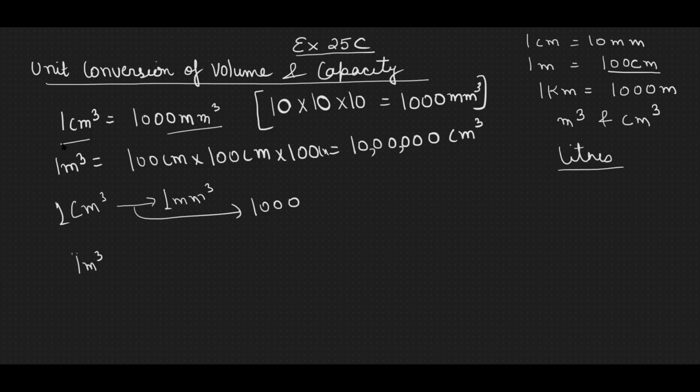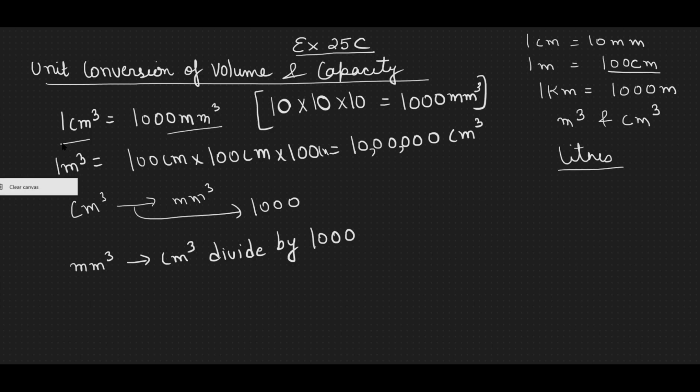Okay, to convert millimeter cube to centimeter cube, then divide by 1000. Very simple. To convert centimeter cube into millimeter cube, multiply by 1000, and to convert millimeter cube into centimeter cube, divide by 1000.